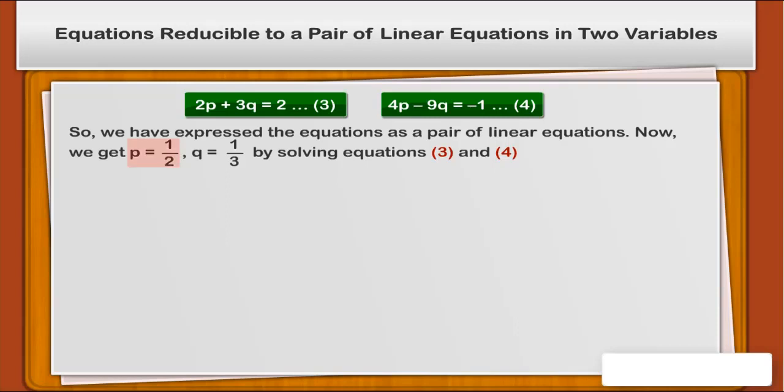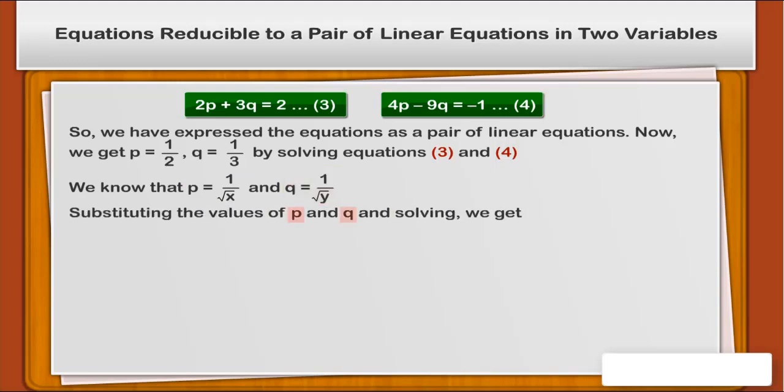Now, we get p is equal to 1 upon 2, q is equal to 1 upon 3 by solving equations 3 and 4. We know that p is equal to 1 upon under root x and q is equal to 1 upon under root y.